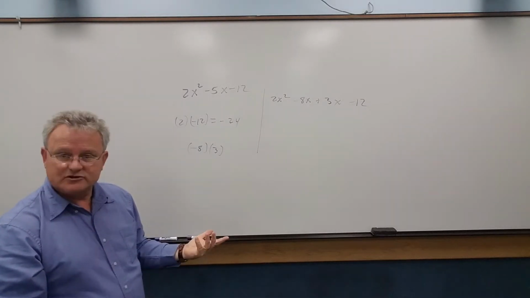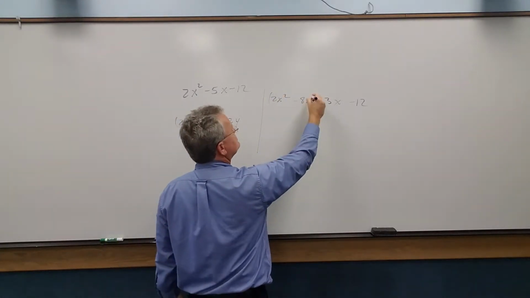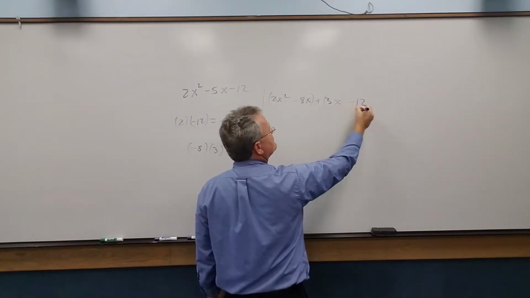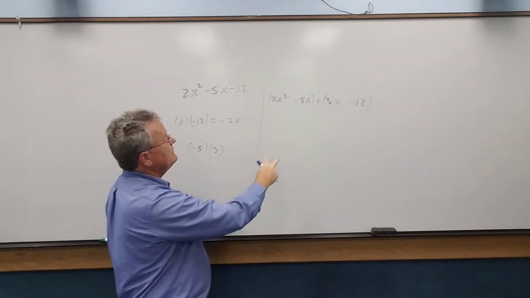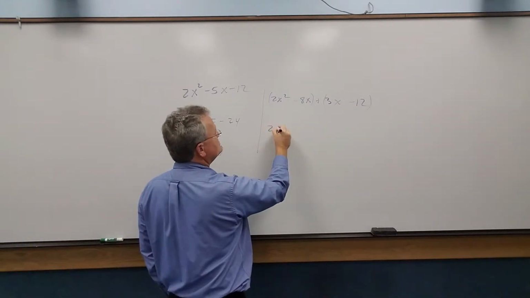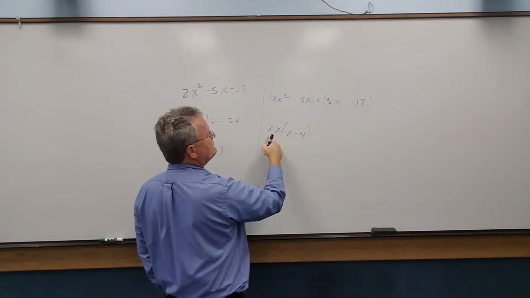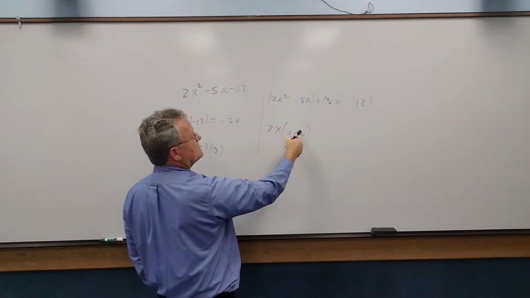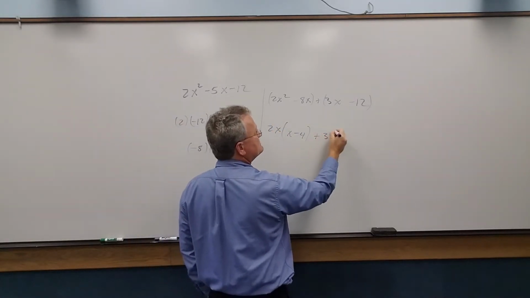Now we just factor by grouping like we learned in an earlier video. Group the first 2 terms together, group the last 2 terms together, and then factor each group. Here I can factor out a 2x, and I'm left with x minus 4. 2x times x is 2x squared, minus 8x. Here the greatest common factor is a 3.